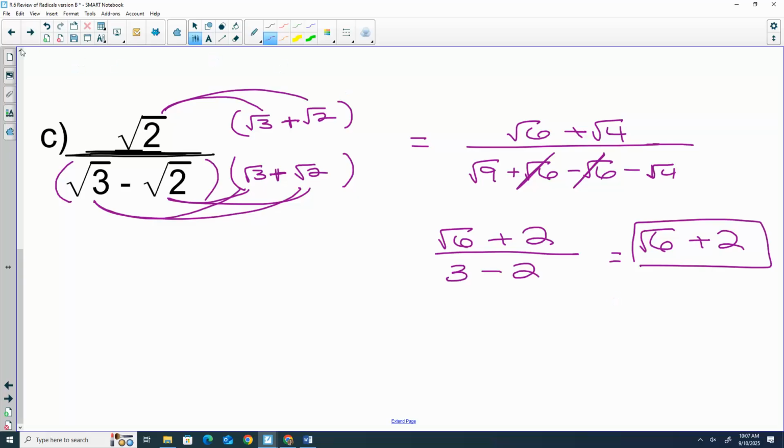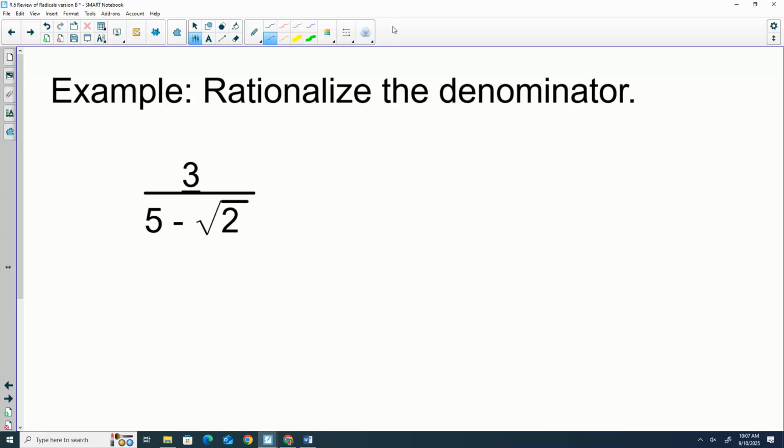Let's try another one of those. Again, because I have two terms, something added or subtracted on the bottom, we can't just multiply the square root of 2. So what will I multiply by on this problem?